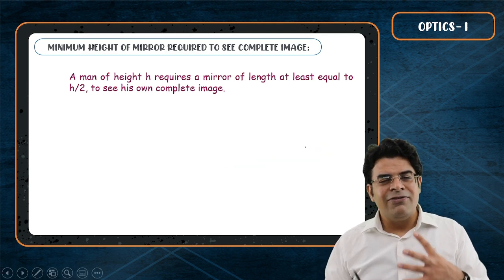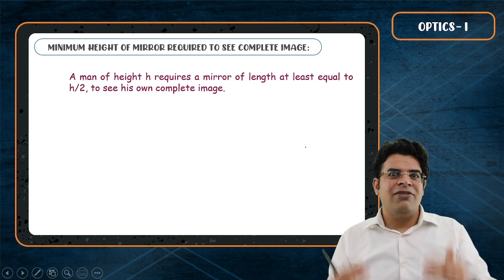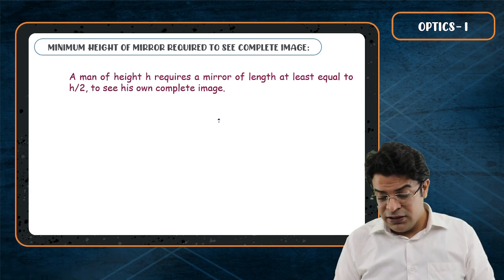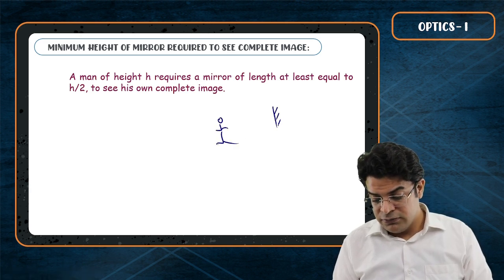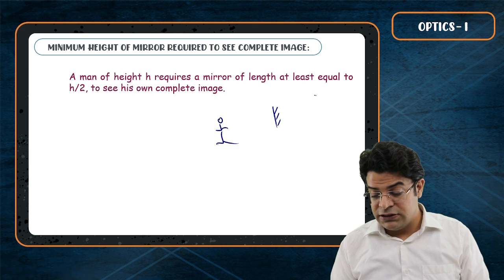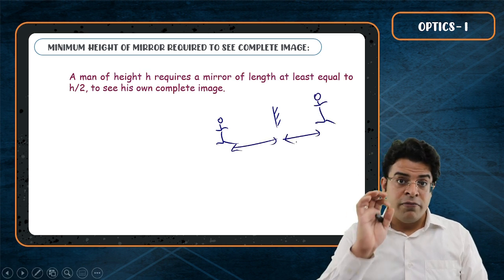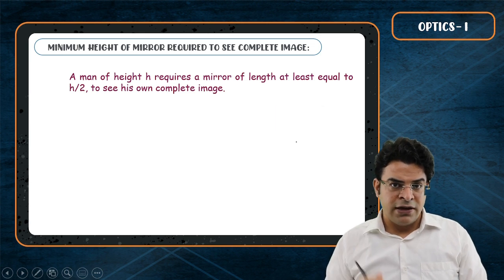But somebody might think, why such a beautiful answer? Why only half the length of mirror is required? The reason is that the distance of the object from the mirror is the same as the distance of the image from the plane mirror. That's why only half the length of mirror is required. Let's understand why.